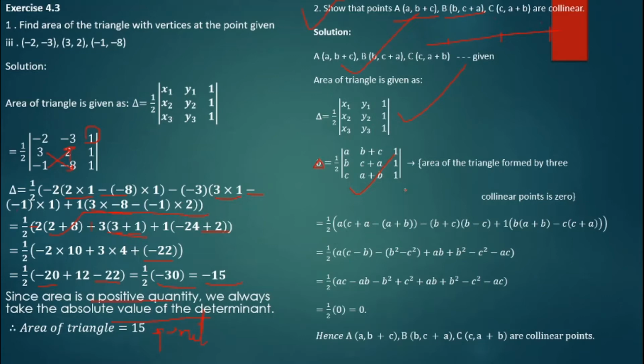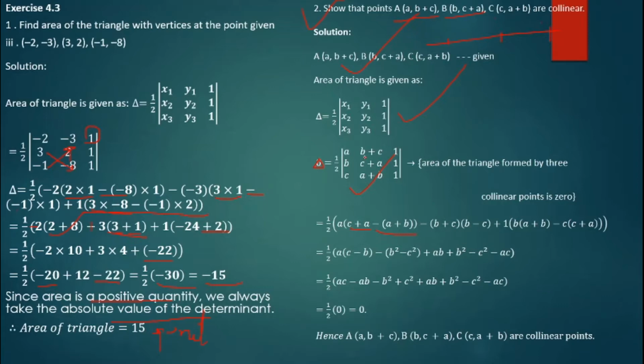We know that the area of a triangle formed by 3 collinear points is 0. Let's see whether we are getting 0. So half, A into (C plus A minus A plus B into 1, that is A plus B).